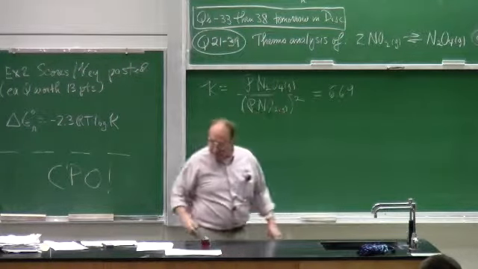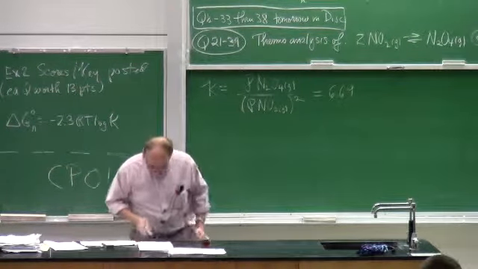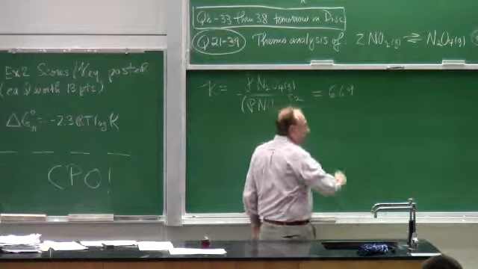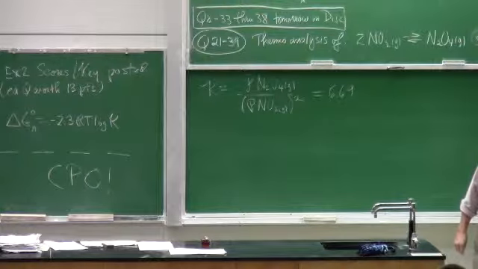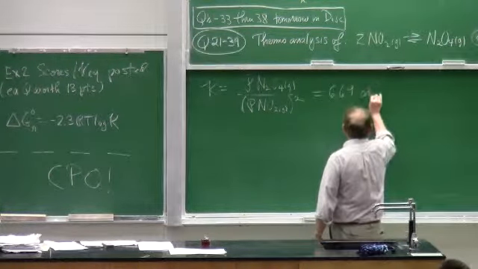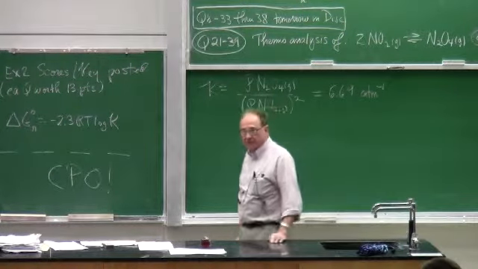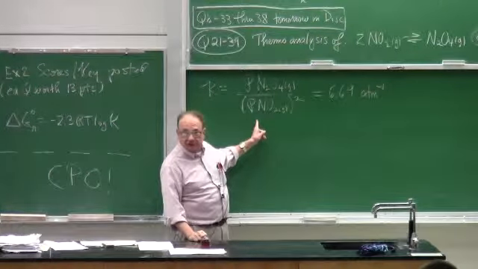Let me check. Yeah. What are the units on this number? Atmosphere to negative first. 1 over atmospheres. That's the units, right? Because this is atmospheres and this is atmosphere squared.